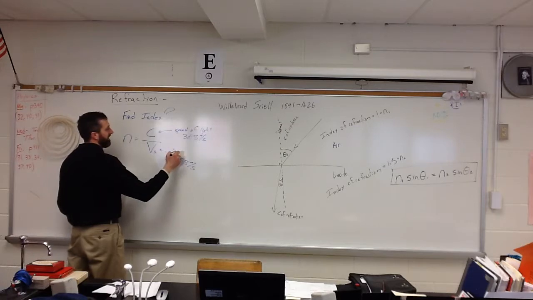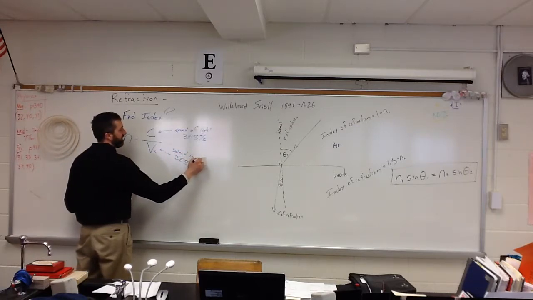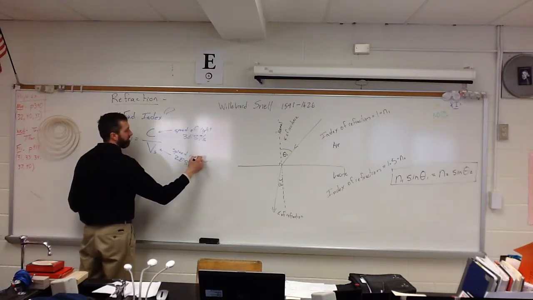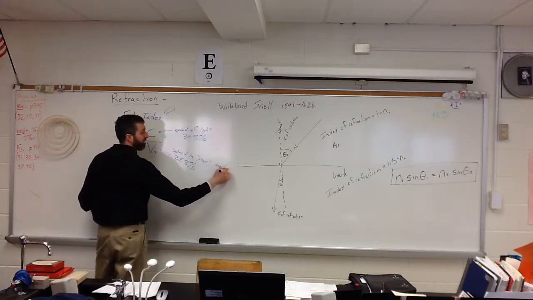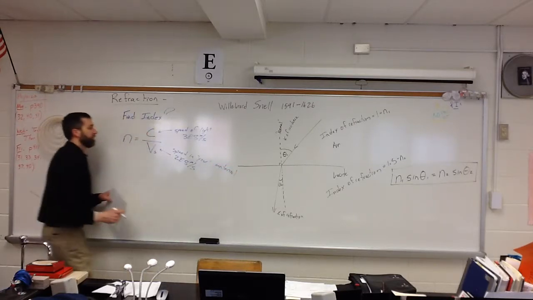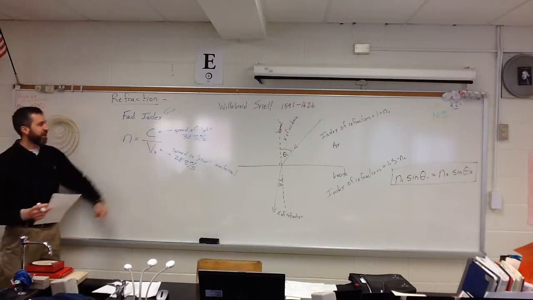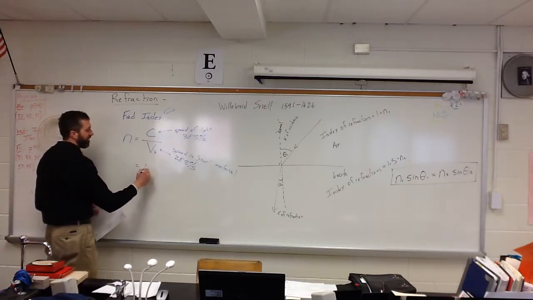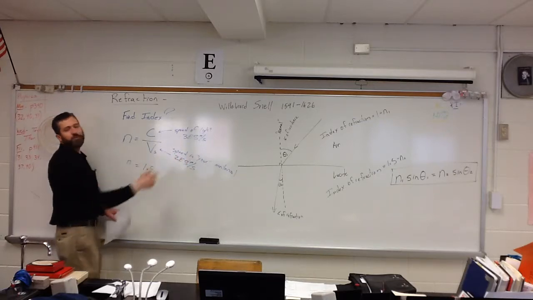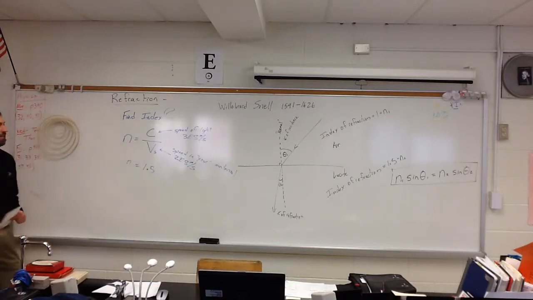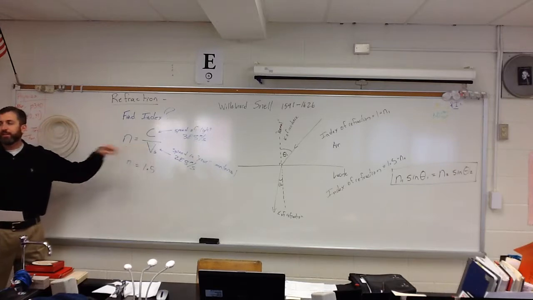So this is the speed in your material, the material you're interested in, right? In your material, it slows down to 2e8. Then all you have to do is divide 3e8 by 2e8, and you will get 1.5, which is what I told you the index of lucite is. So that's how they arrive at these indices.